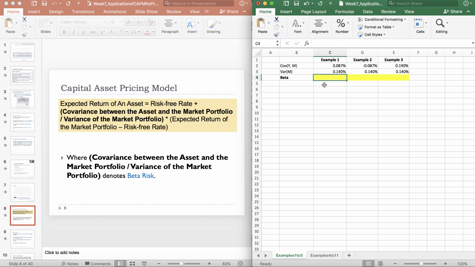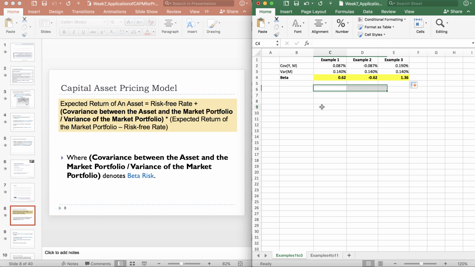Given the example here, beta risk under example 1 equals the covariance between asset Y and the market portfolio, denoted by M, divided by the variance of the market portfolio. Here we use VAR to denote variance and COV to denote covariance. So then we can get beta risk for the 3 examples.